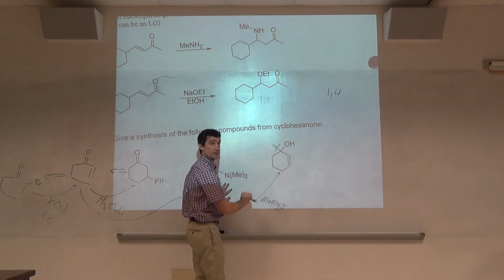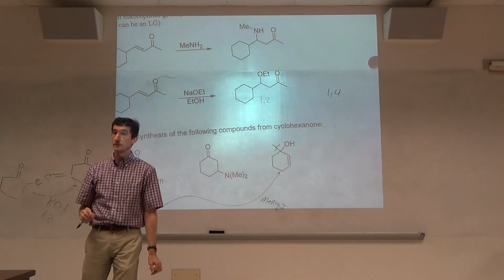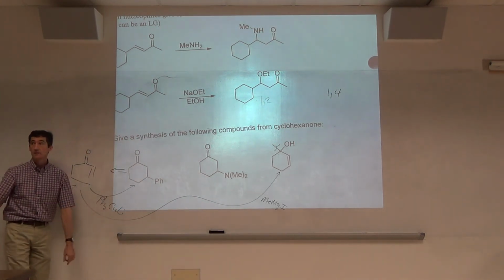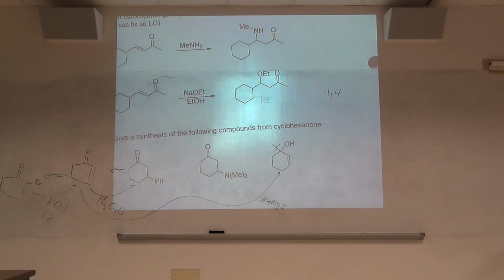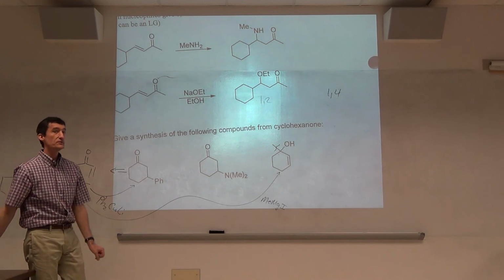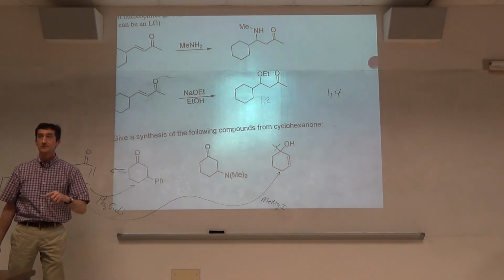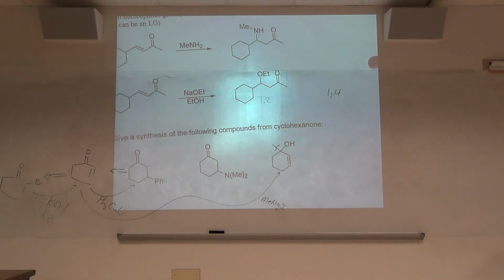Those Grignards add to carbonyls directly, 1,2. Cuprates do what? Michael addition. Many things do Michael. Actually, an enolate does a Michael. Can an enolate? Yeah.